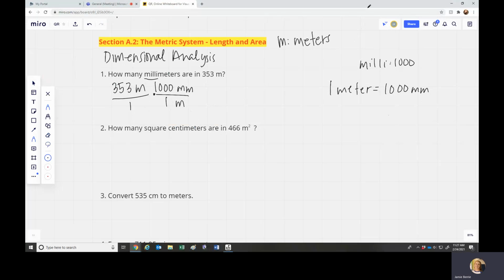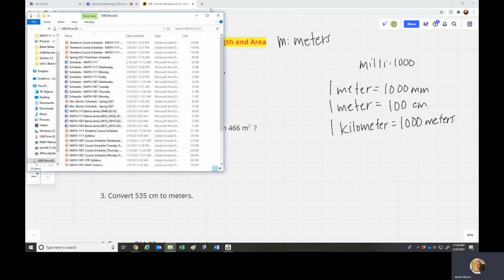That may be something that you want to write on your index card. Let me write some other common ones down. 1 meter is also equal to 100 centimeters. And then another common one, 1 kilometer is equal to 1,000 meters.